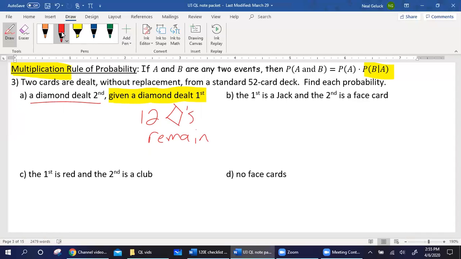Well, there are 12 diamonds left. Now realize that I already dealt a card. Notice that it says without replacement, so I don't put the card back in. That means there's not 52 cards left, there's only 51 left. So after I've already dealt a diamond, there are 12 diamonds left out of a remaining 51 cards. Then you can reduce this, 3 goes into both, and you end up with a 4/17 chance.